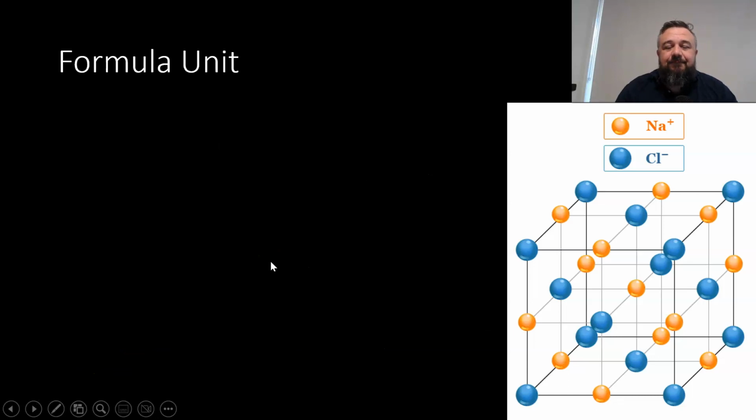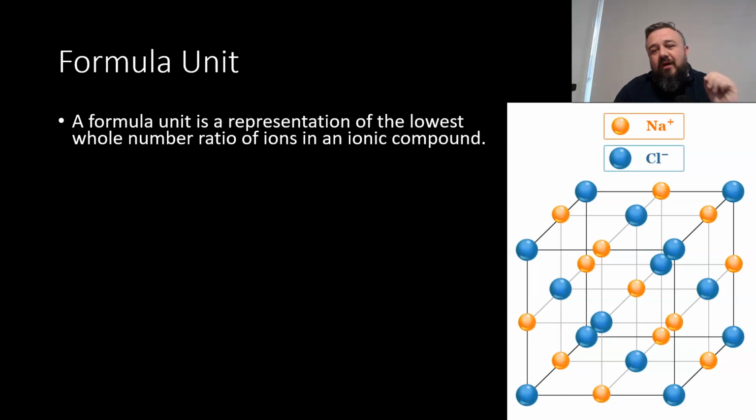All right, now, one of the fun things is that we represent these in a formula unit. These don't have a molecular formula. They have a formula unit. It's the lowest whole number ratio of ions in an ionic compound. For example, here we have sodium chloride.